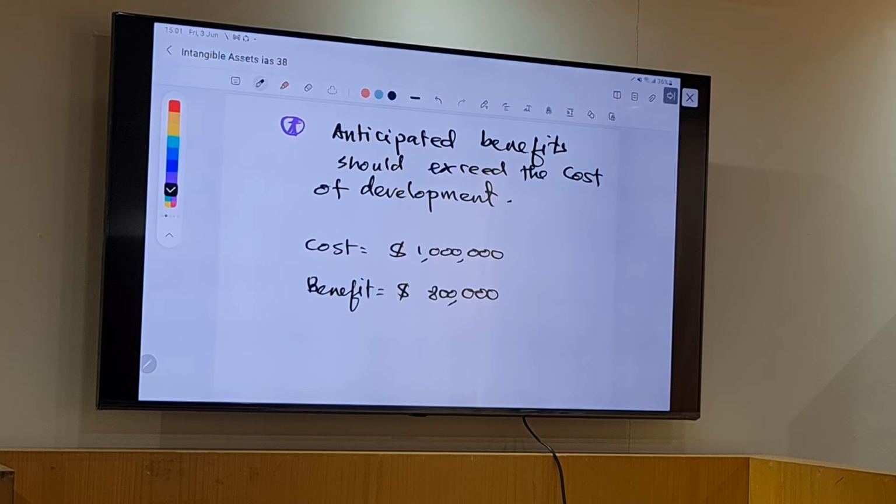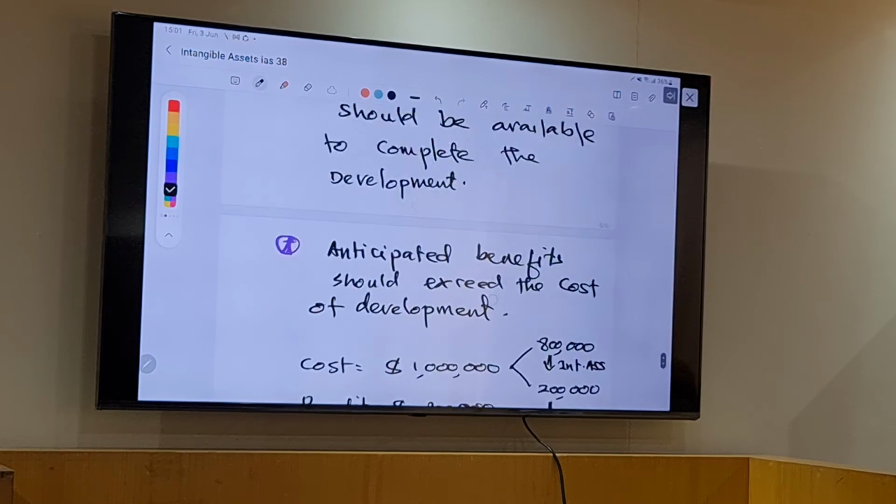You should split this into two, 800,000 and 200,000. This you consider as intangible asset, and this you consider as an expense. I'm coming to the next point about that.